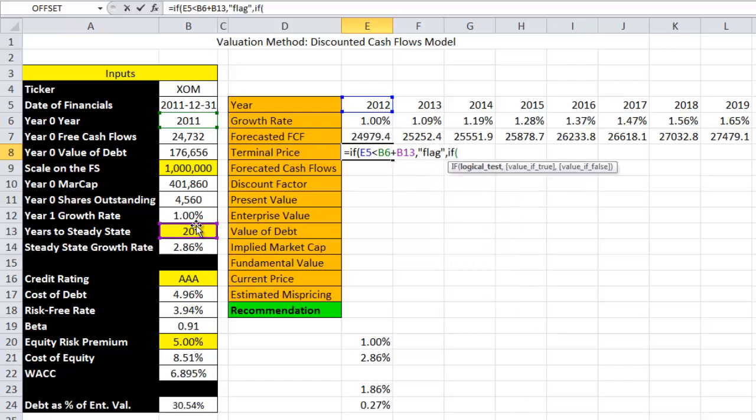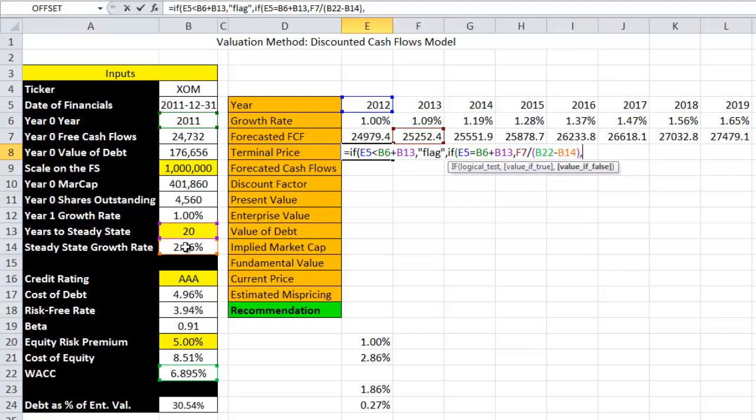Otherwise, if the year actually equals year 0 plus years to steady state, then I want to take the free cash flows in the next period and divide it by the difference between my discount rate and my steady state growth rate.